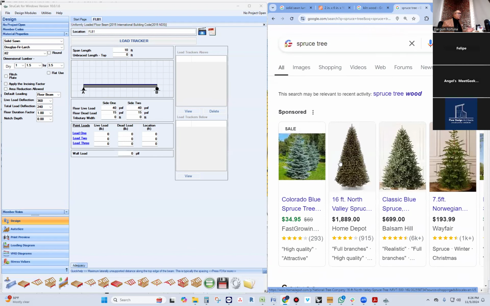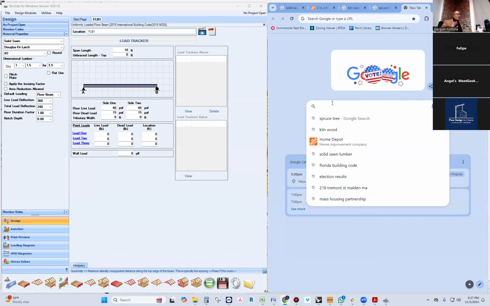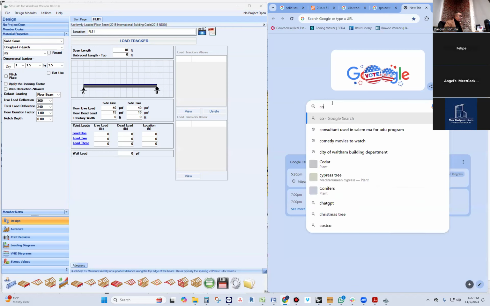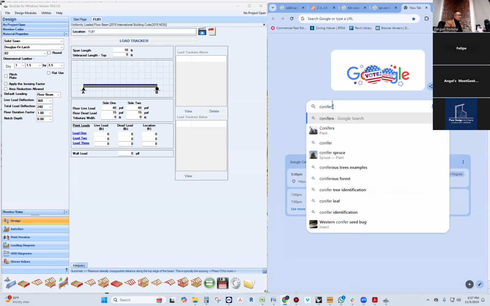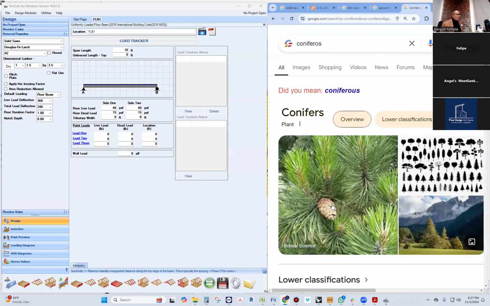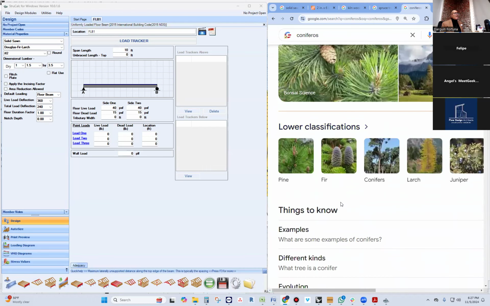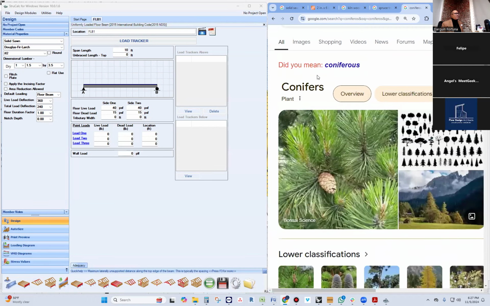By the way, there's generally two types of trees, coniferous trees and deciduous trees. And I guess I'm getting into more beyond structural, but coniferous trees basically generate cones. So all of those trees that create cones are called coniferous. They are green. They're also called evergreen.